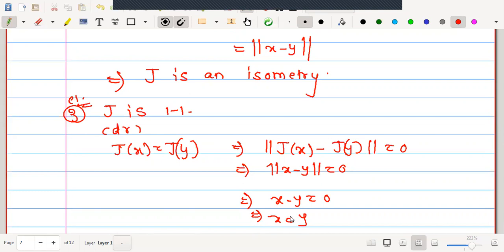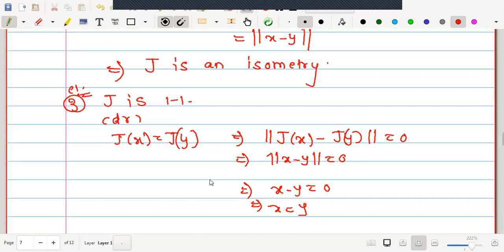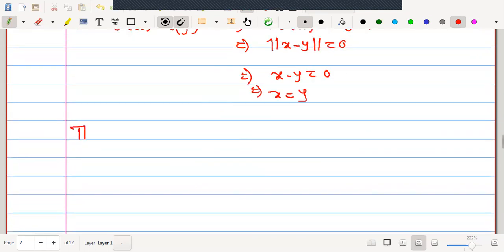Therefore, the 3 steps we have proved. The mapping J is linear, an isometry, and 1-1.